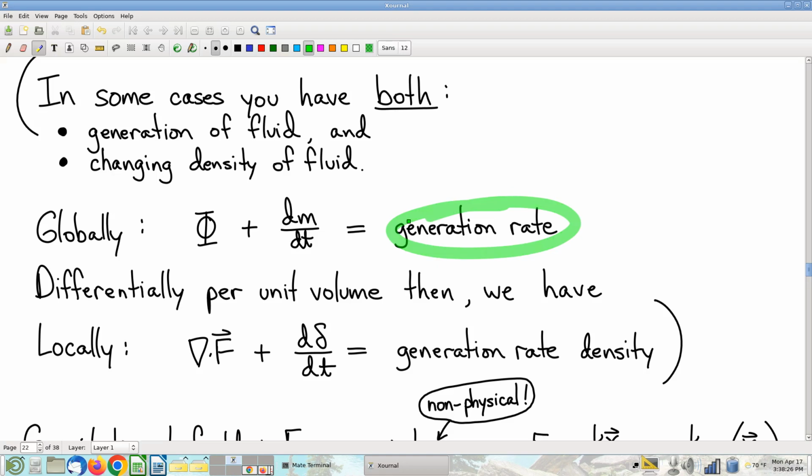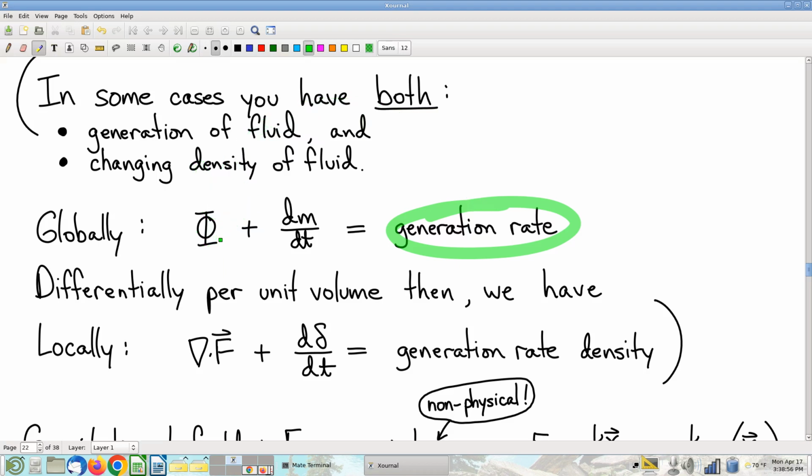If fluid is being generated, let's just think about the 2 possibilities of where that fluid could go. There's really only 2 possibilities. One possibility is that as I'm generating fluid, that fluid could be leaving my region. That's what flux is, right? So to the extent that as I generate fluid, that fluid is leaving my region, that's contributing to flux.